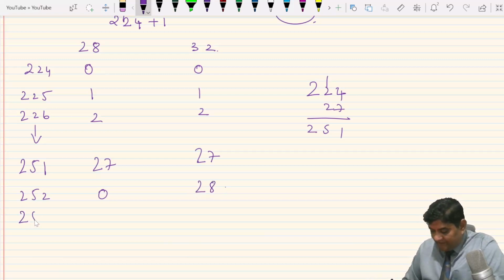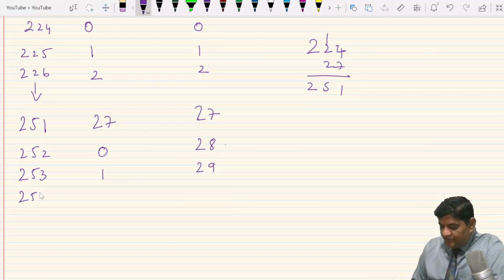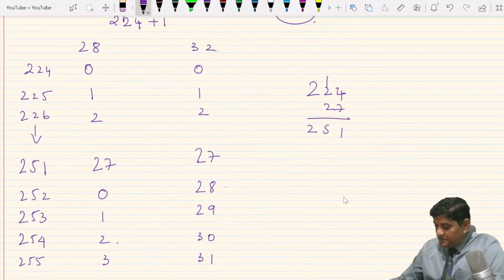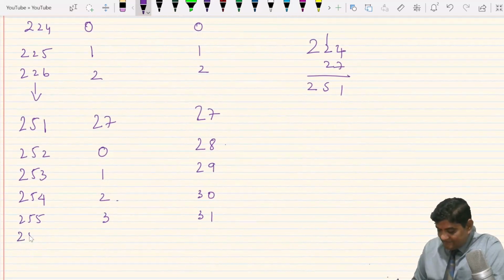What about 253? Remainder 1, remainder 29. So 254, remainder 2, remainder 30. 255, remainder 3, remainder 31. Now what happens? 256, remainder 4, remainder 0.